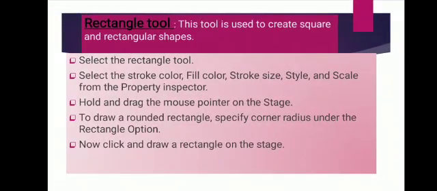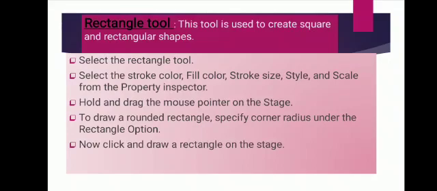First is the rectangle tool. As the name suggests, this tool is used to create a square or rectangular shape, and this tool also has an option to be set to draw a rounded rectangle. So for drawing a rectangle, select the rectangle tool, and after that select the stroke color, fill color, size, style and scale.